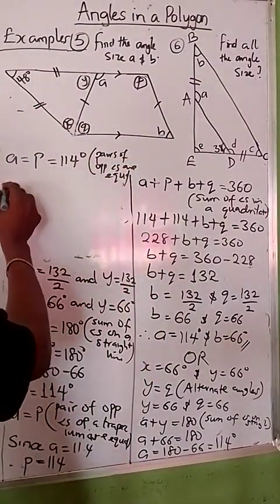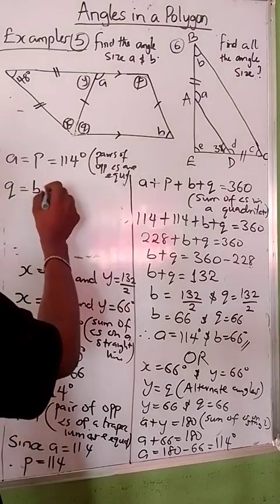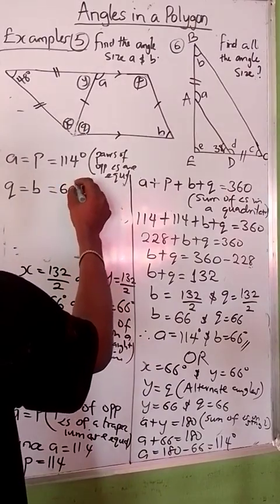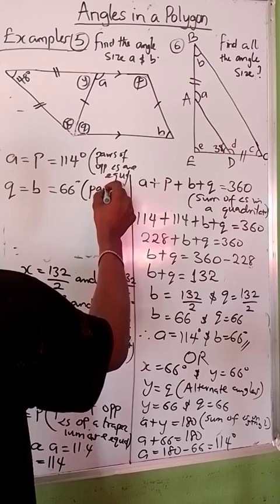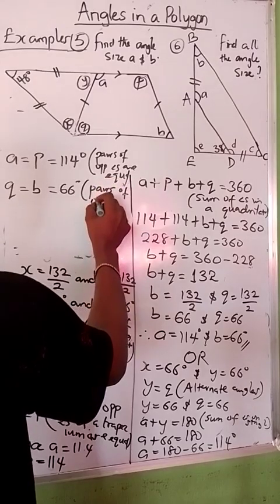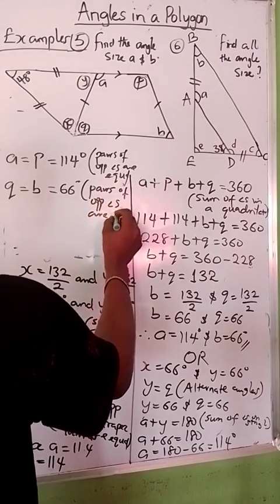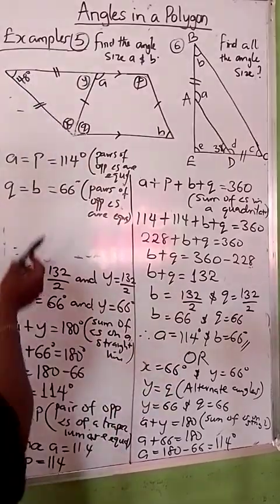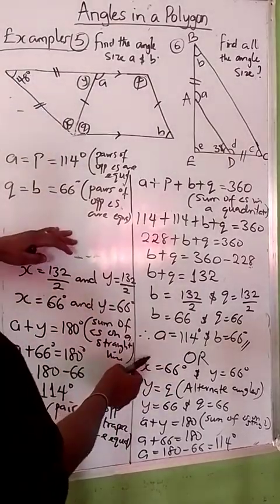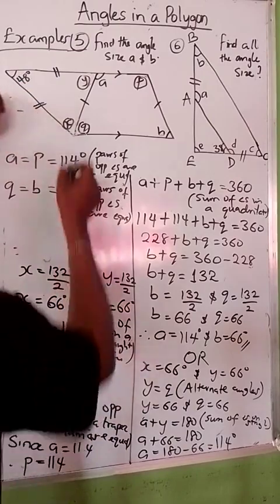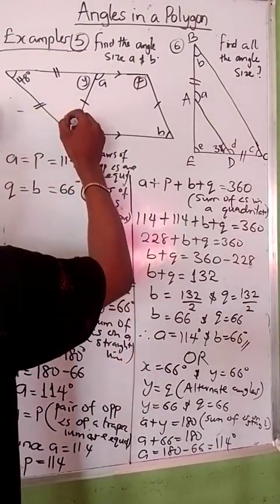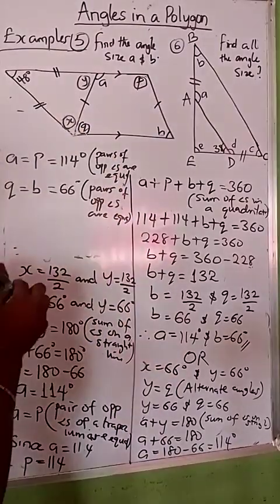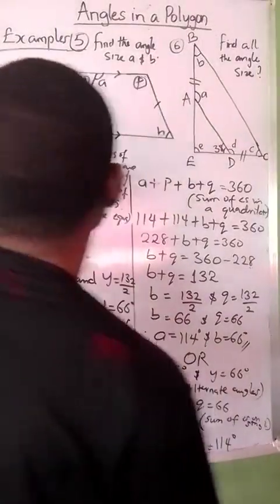So also Q equals B, because we have gotten Q equals 66, and again pairs of opposite angles are equal. So that will work. Look at that. From here, after getting your x and y, you continue for the second method. So, all right, thank you.